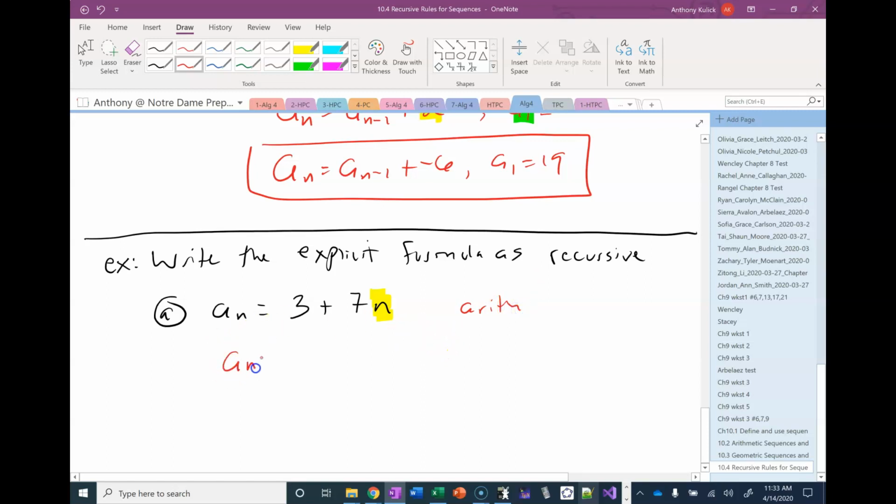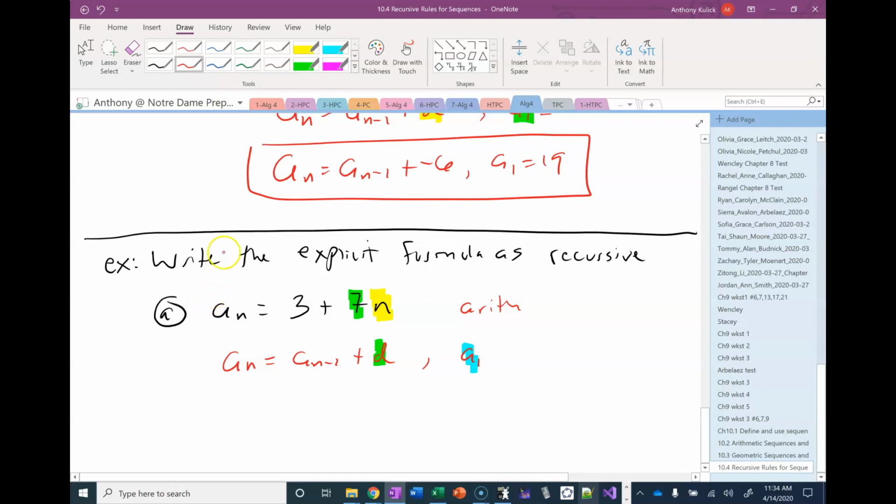The formula that I'm going to need requires two things. I need a d, and I need the a sub 1. Well, I shouldn't have done those in yellow, huh? The d is easy to get because the d is just the coefficient on our n. The a sub 1 is a little bit more complicated to get, but not so bad.